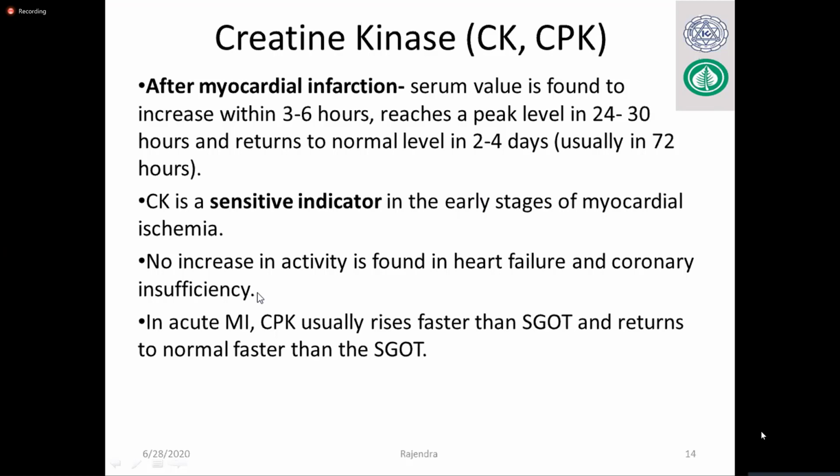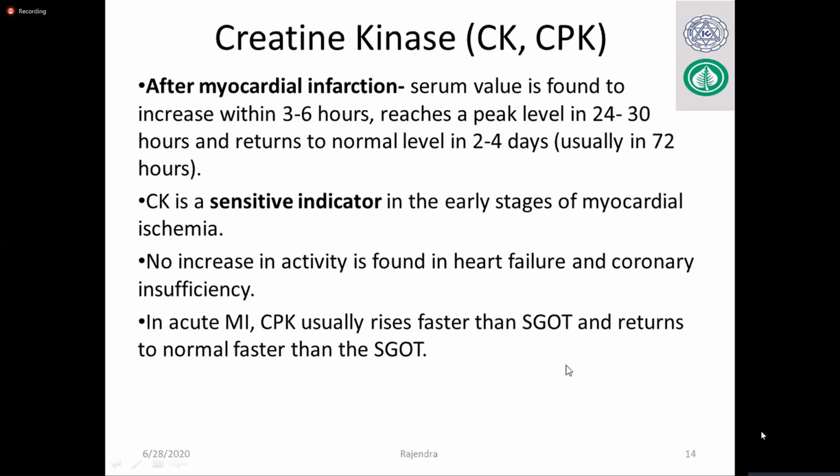In acute myocardial infarction, CPK usually rises faster than SGOT, serum glutamate oxaloacetate transaminase. This is another transaminase enzyme we generally measure to rule out myocardial infarction. But see, creatine phosphokinase usually rises faster than SGOT.